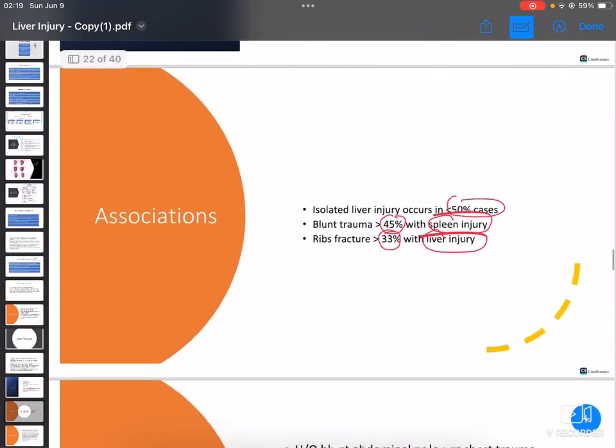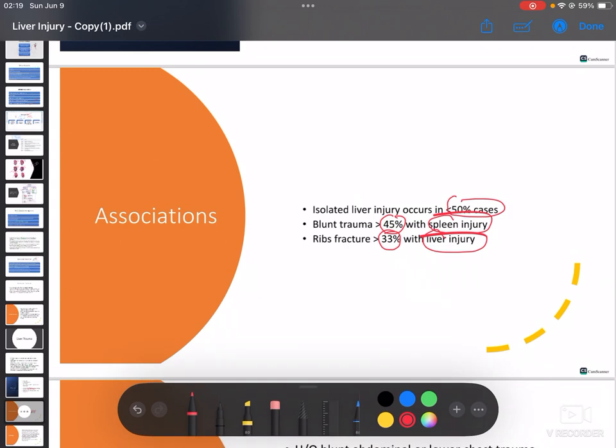So if we see a liver injury, less than 50% are isolated liver injury, then we observe a blunt trauma.